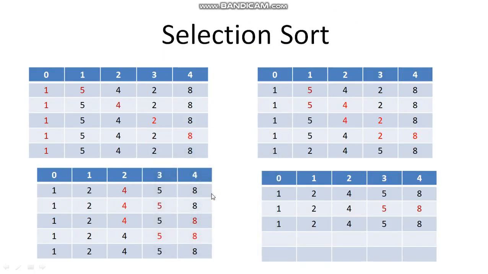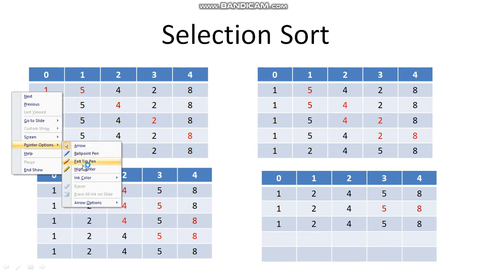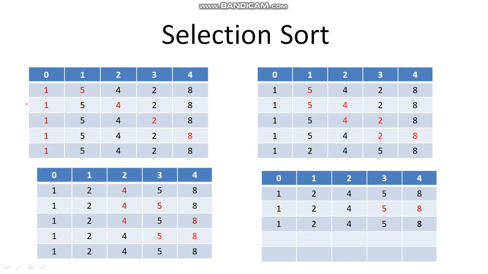So let us try to understand the selection sort algorithm. Here we try to put the smallest element at the lowest index. This is the given array. Now I compare 1 with 5. Whichever is smaller will come towards the smaller index.